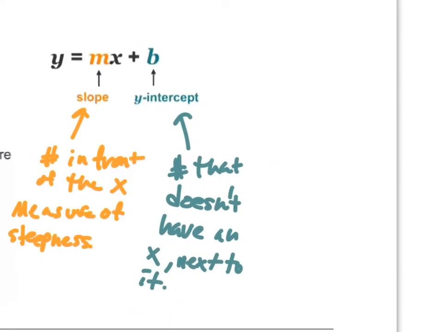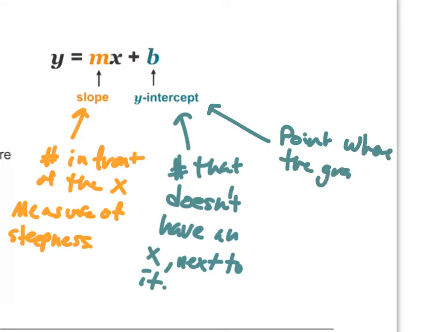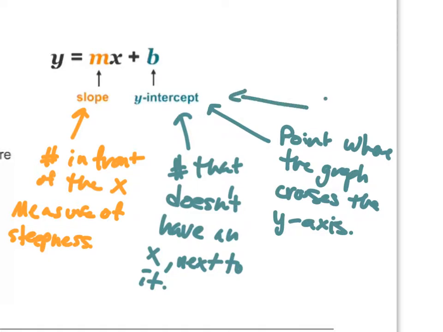It's the number that doesn't have an x next to it, and it's also the point where the graph crosses the y-axis, okay? And we'll also call it our starting point when we're trying to graph. So this is our starting point, okay?